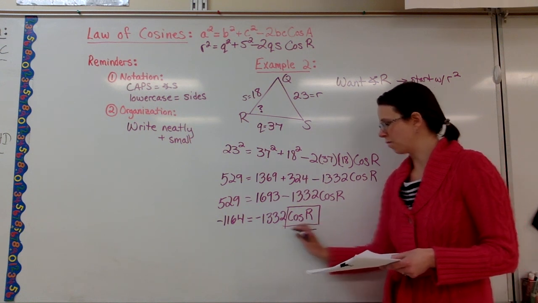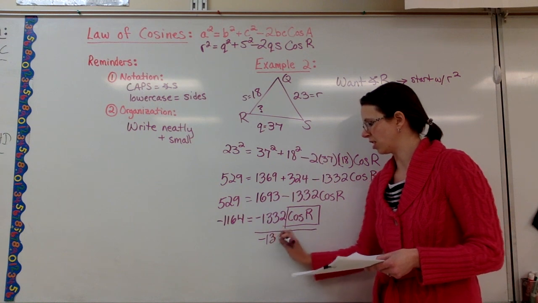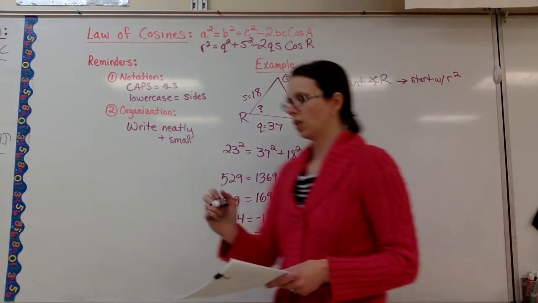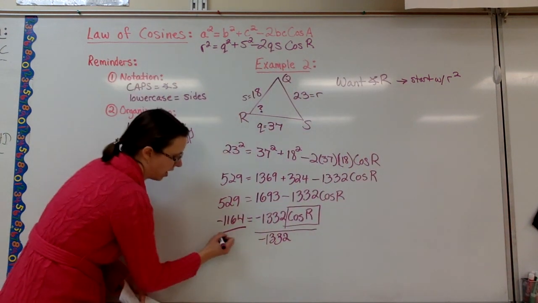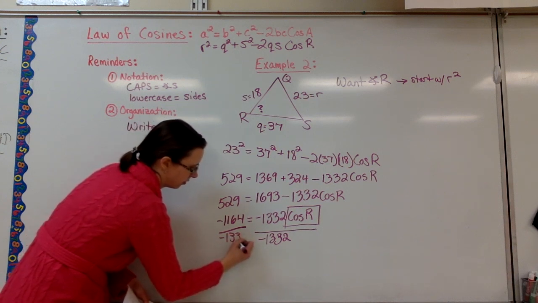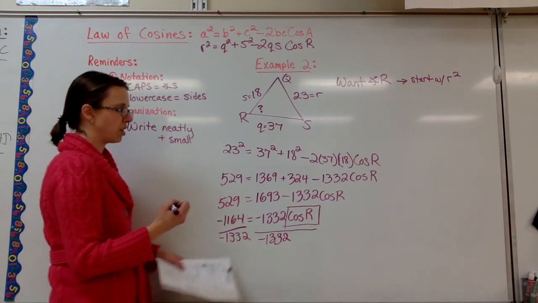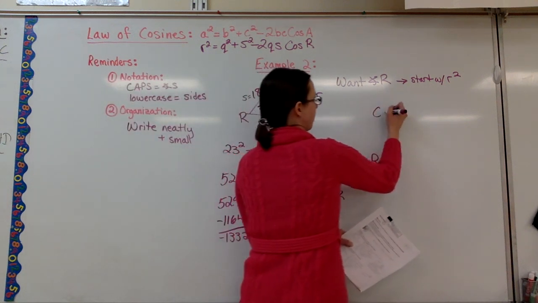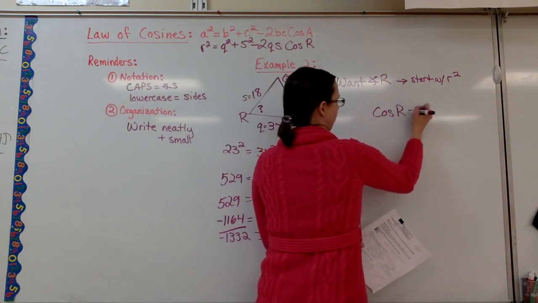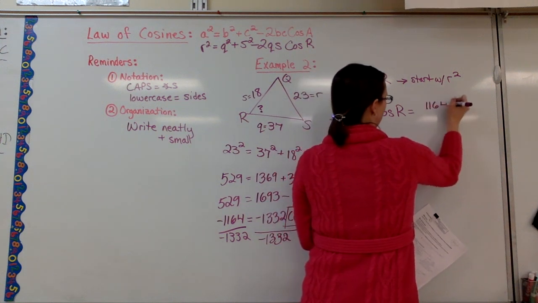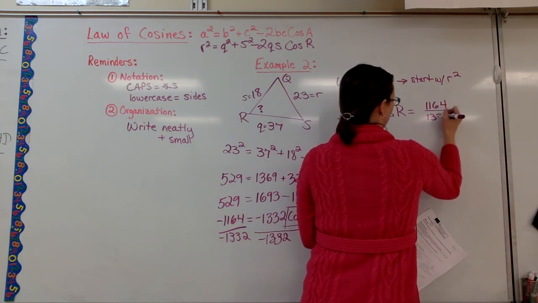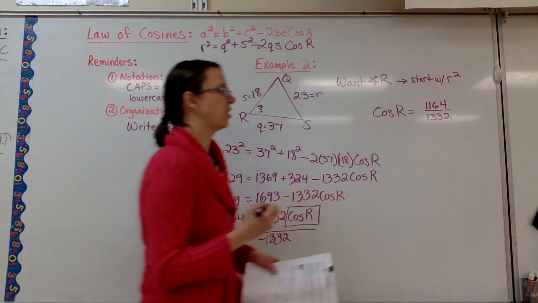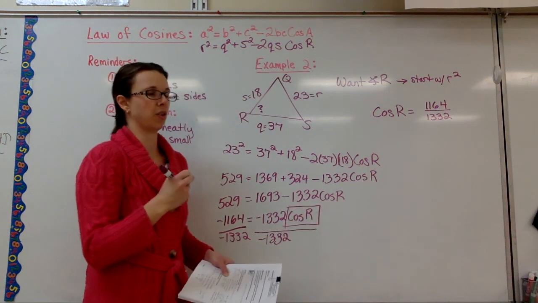And so if we divide both sides by that negative 1332 on the left-hand side and the right-hand side, then that's going to give me cosine of r all alone. And cosine of r is going to be equal to the ratio 1164 over 1332.